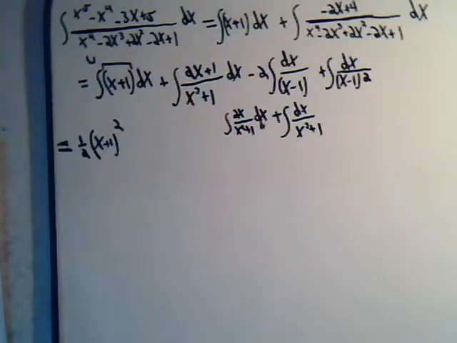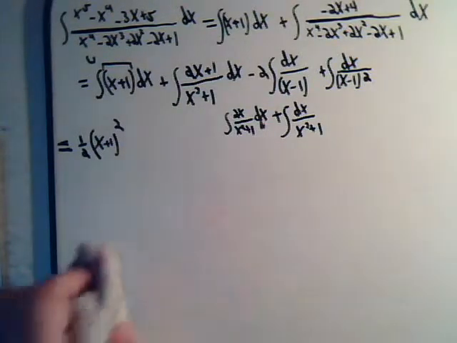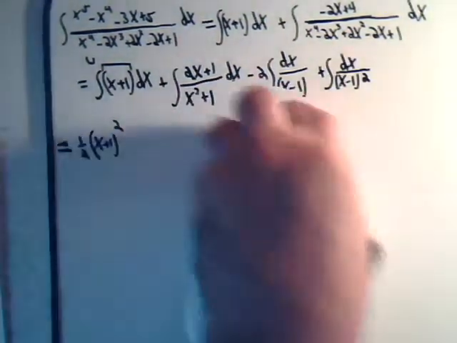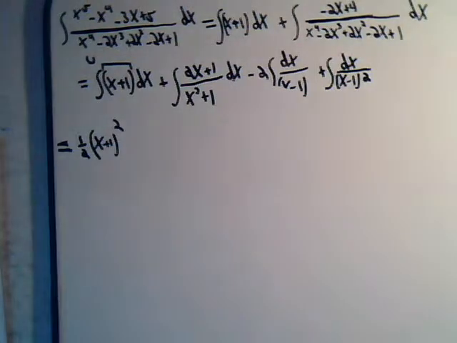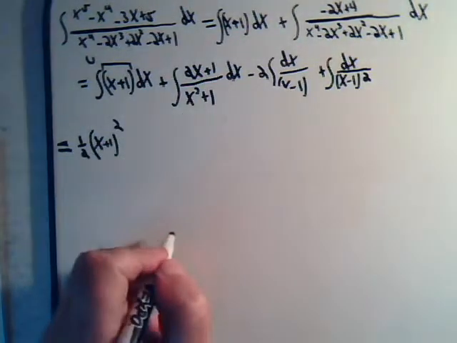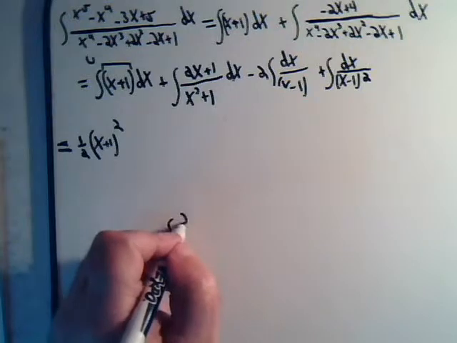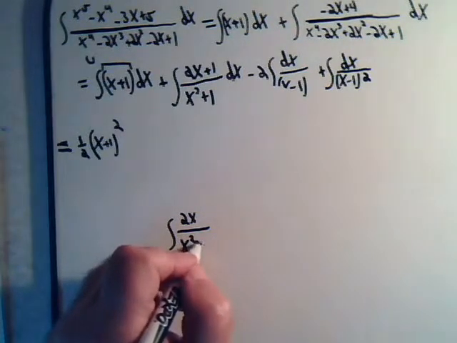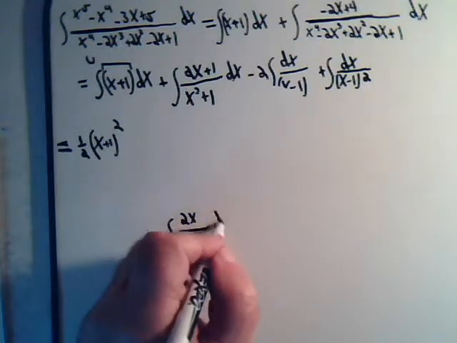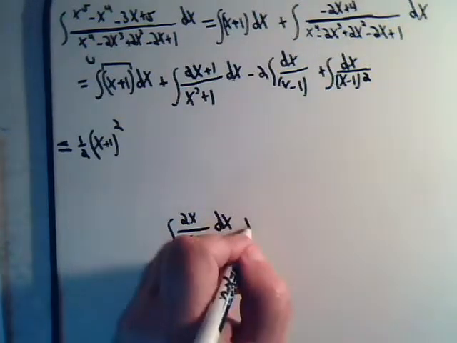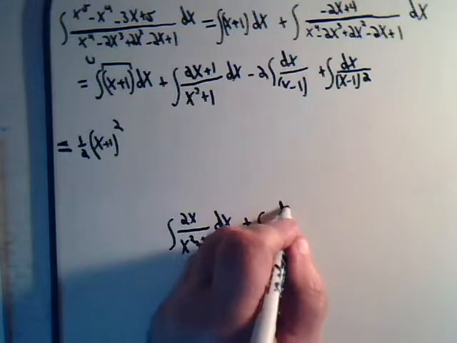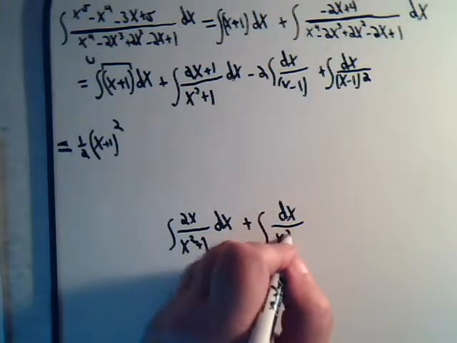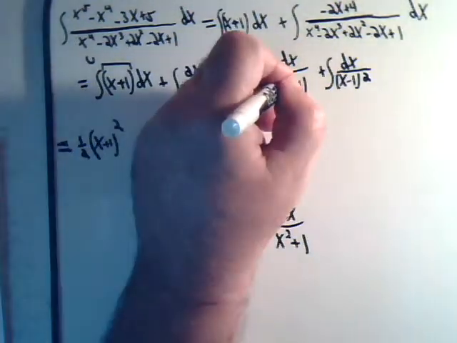Let's see here, we're not being very neat about this. This integral here is going to be the integral of 2x dx over x squared plus 1, plus dx over x squared plus 1. This is x minus 1 here.